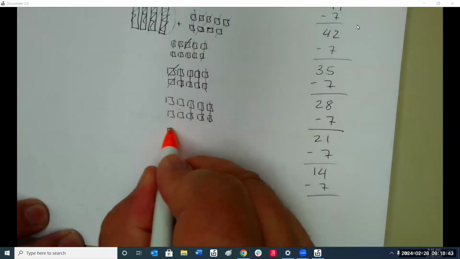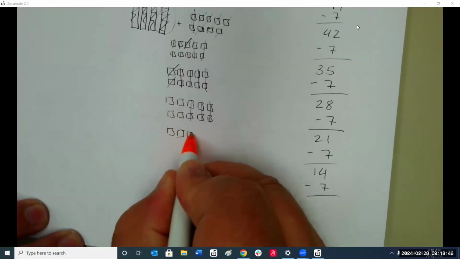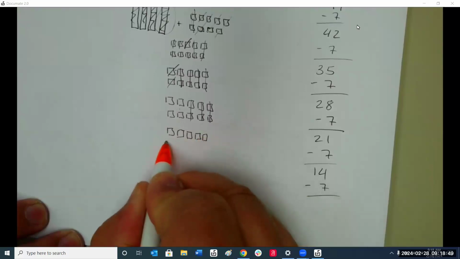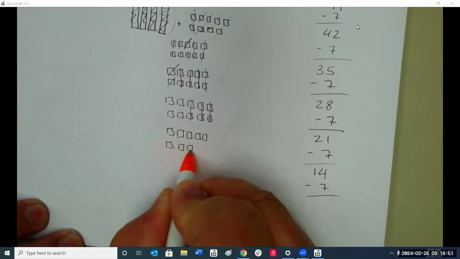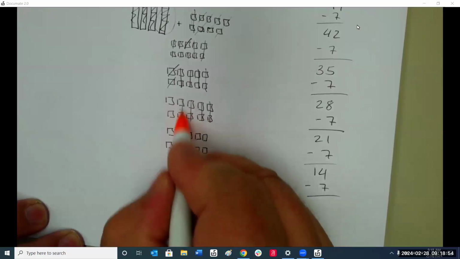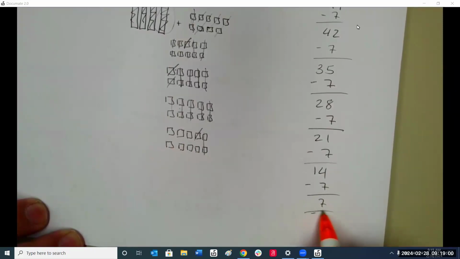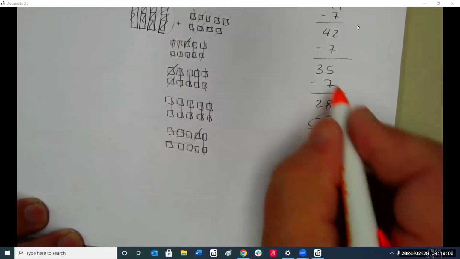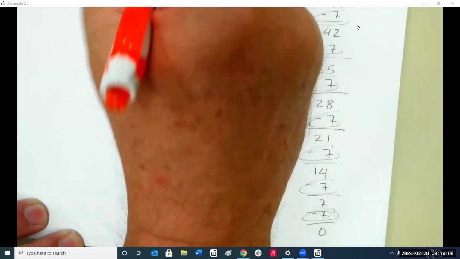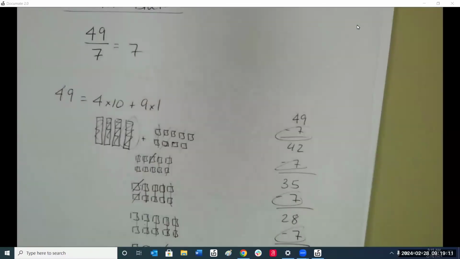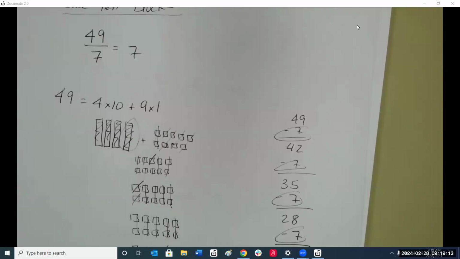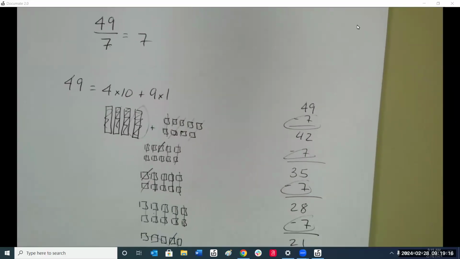We need to borrow that one. So we have 2, 4, 6, 7, which leaves us with 7. And the last 7 gives 0. That's one way we do it by using the subtraction method, using blocks. So that's also the same way we use the set method.